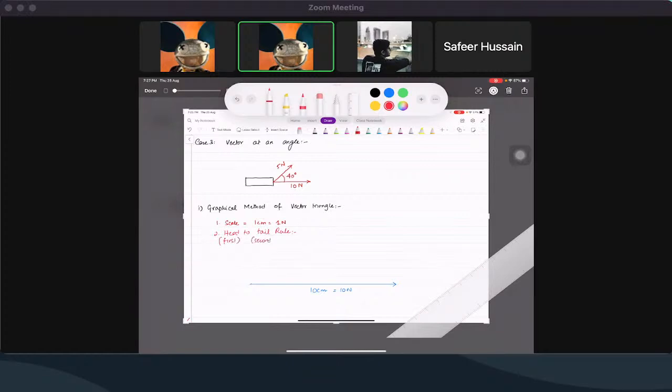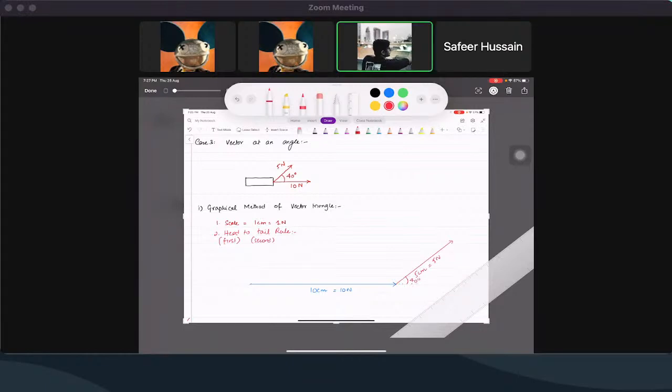So the second vector was 40 degrees, so I'm going to put the protractor and measure 40 degrees from the head, and then continue this for 5 centimeter. 1 2 3 4 5. Now if you check this, this is basically 5 centimeter, and this angle I measured with protractor, that was 40 degrees. Do you guys understand this?